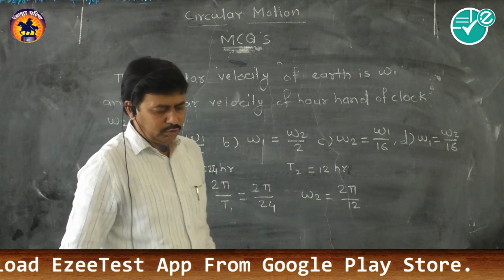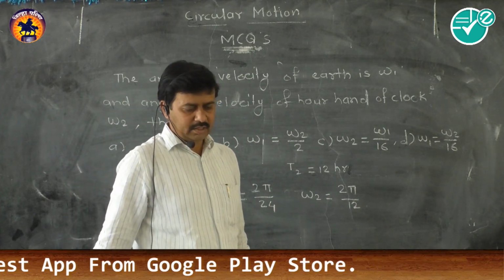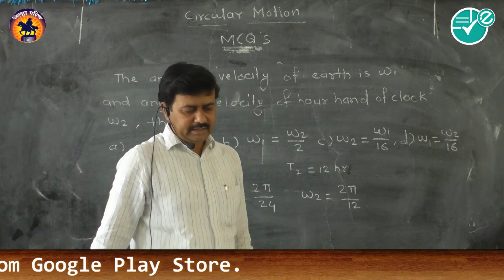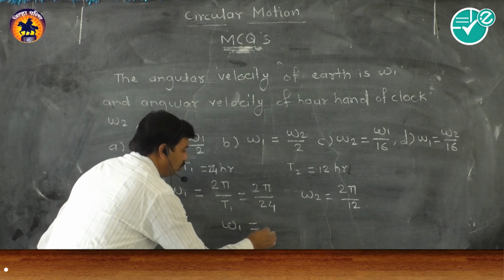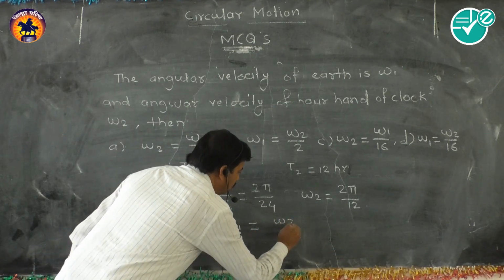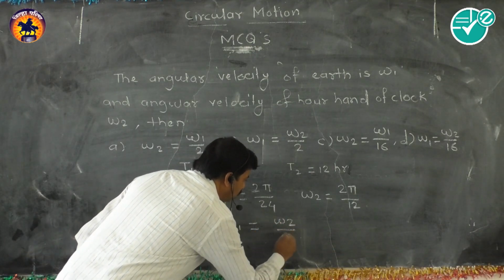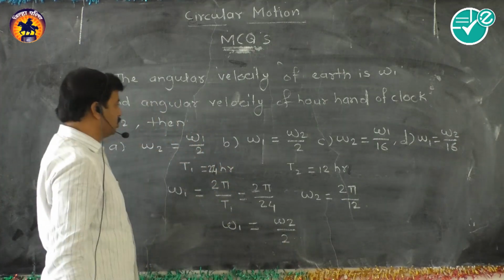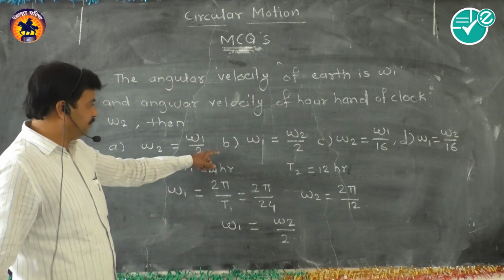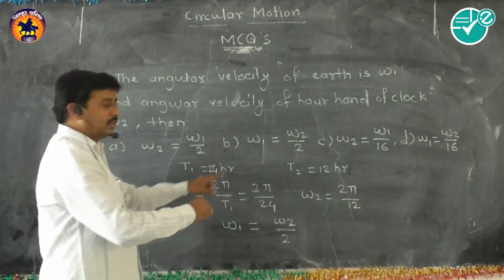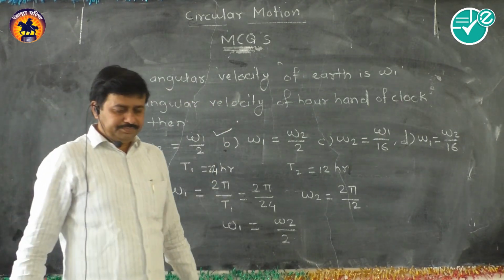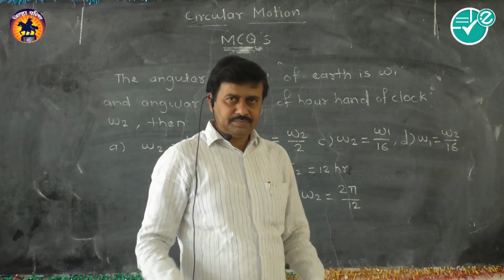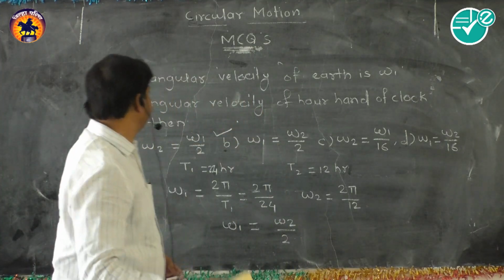Both can be compared in this way, and we will find the relation between those two: omega 1 is equal to omega 2 upon 2. So the correct option is B. That is the correct answer.